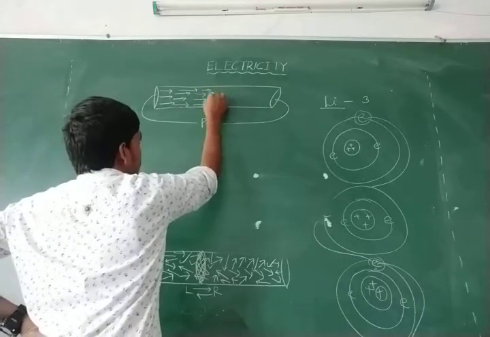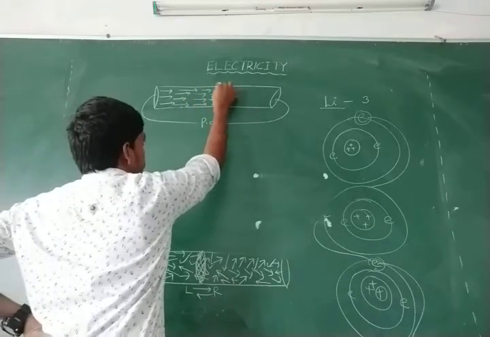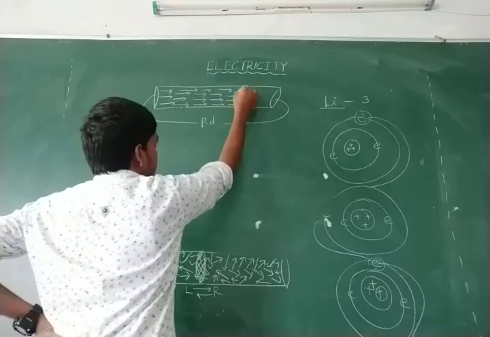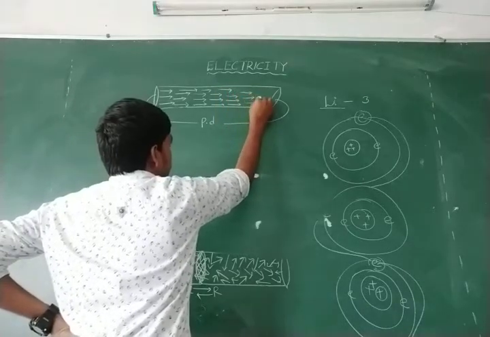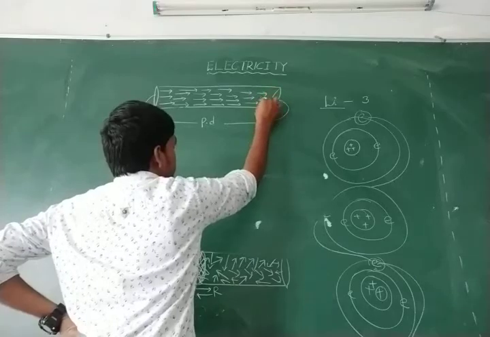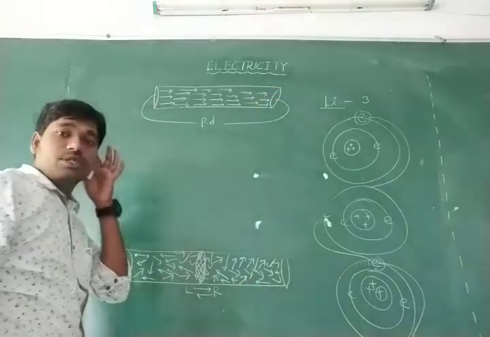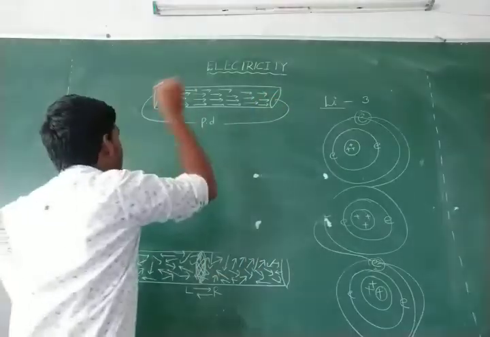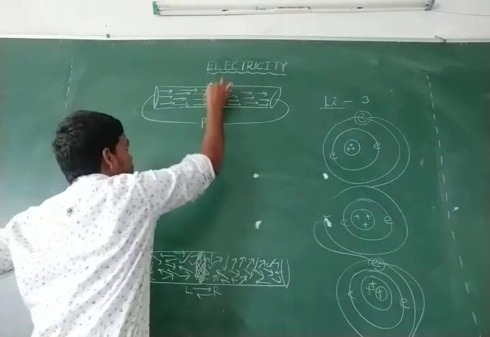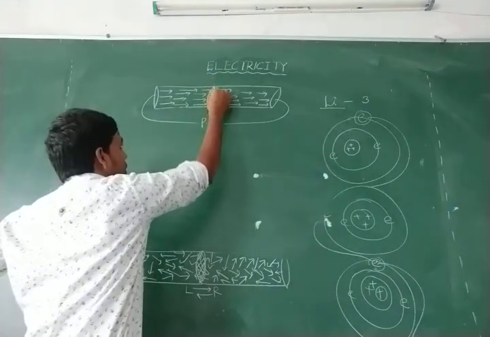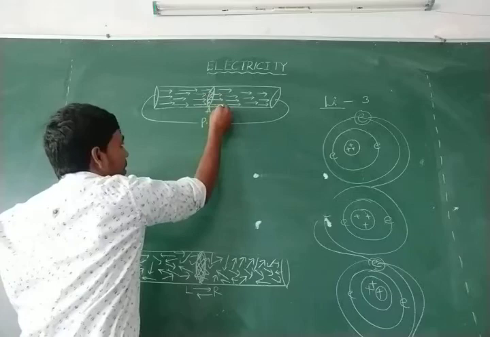So the ordered motion of electrons in a conductor is called electric current.